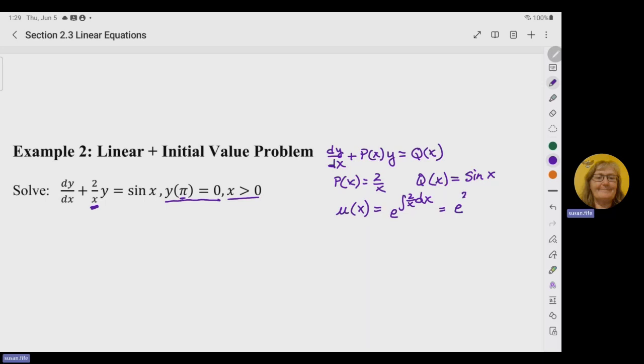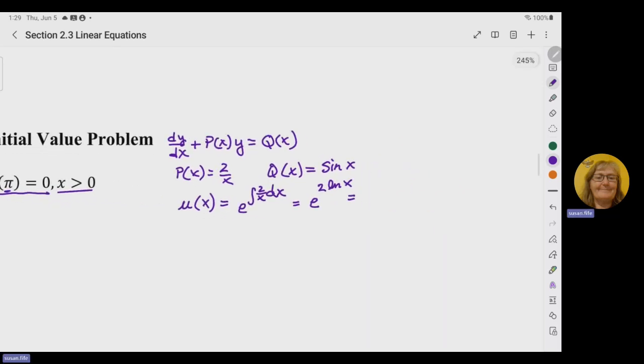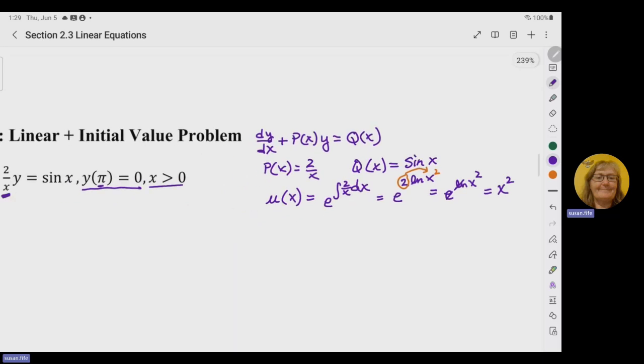So that 2 will carry. When I take the integral of 1 over x dx, I get the natural log of x. Here I'm going to rewrite this as natural log of x squared using the power rule for logarithms. That 2 can come up here and become an exponent. And then e and natural log will cancel, so that I'm left with just x squared. My integrating factor is x squared.